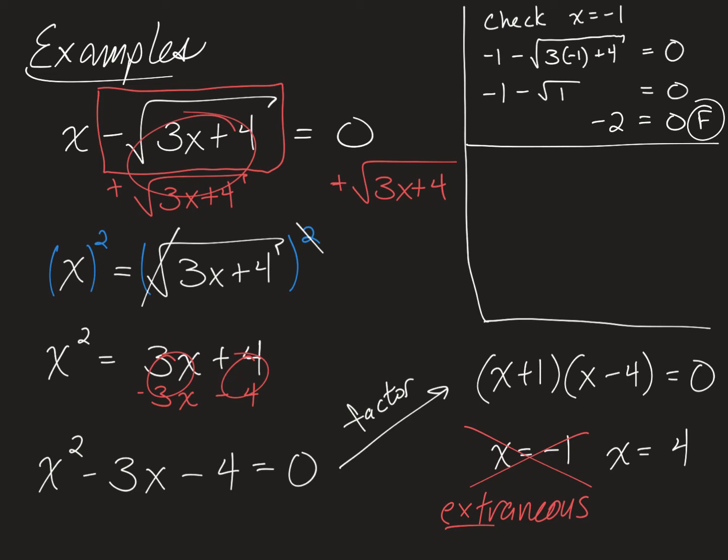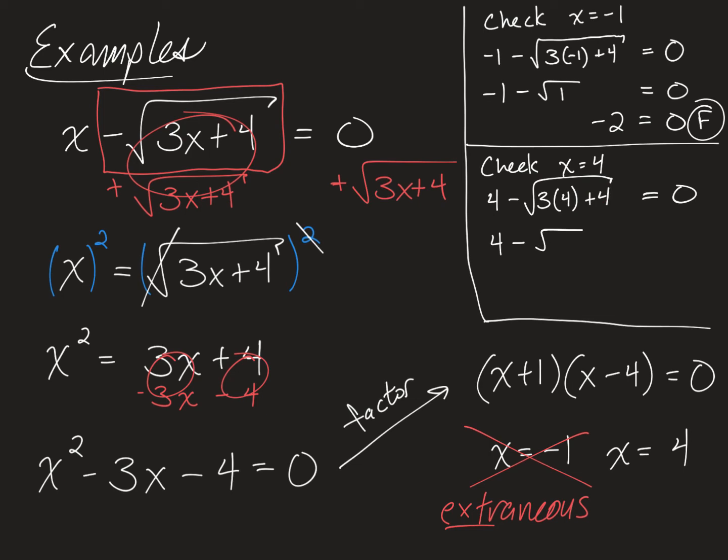All right, so let's check x equals 4. Same thing, I'm going to substitute 4 in for x, and we're going to see if both sides of the equation are equal. All right, so 4 minus, I'm going to do some quick math here. 3 times 4 is 12. 12 plus 4 is 16.